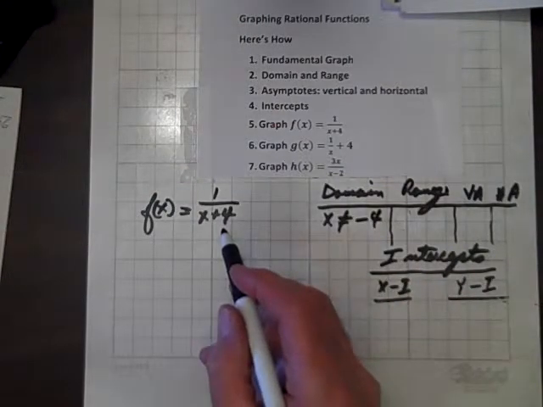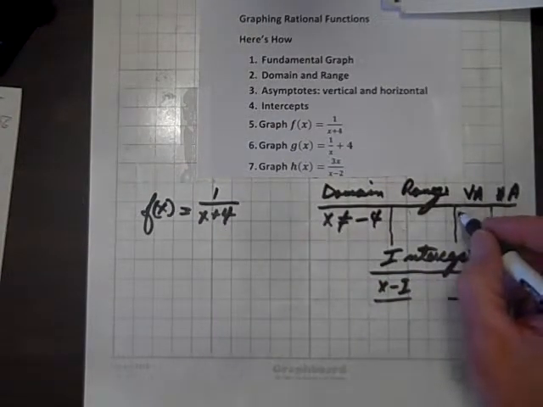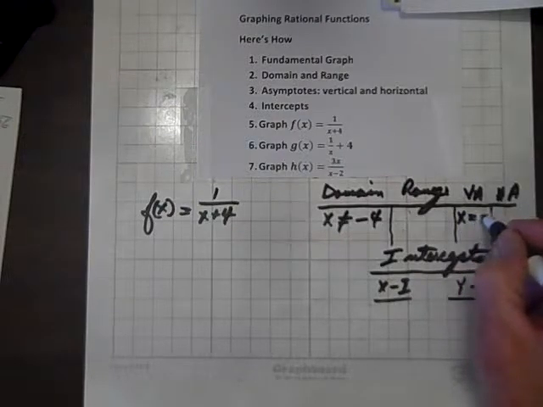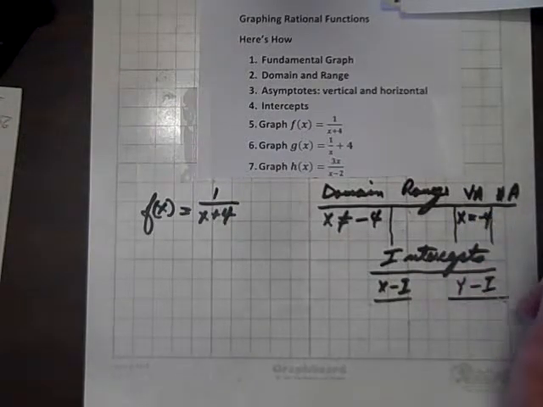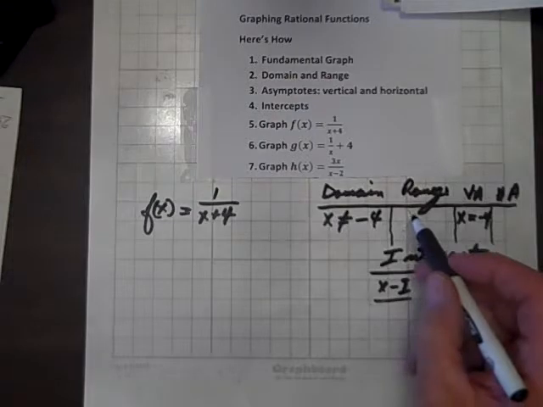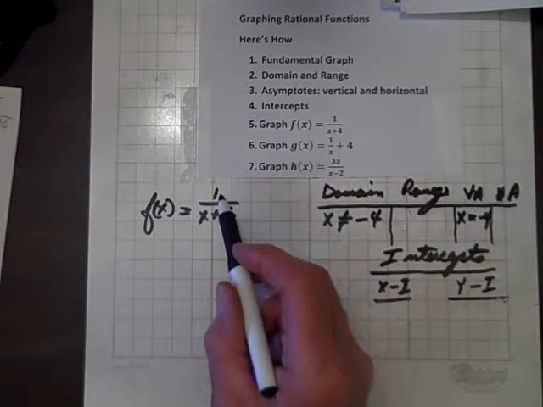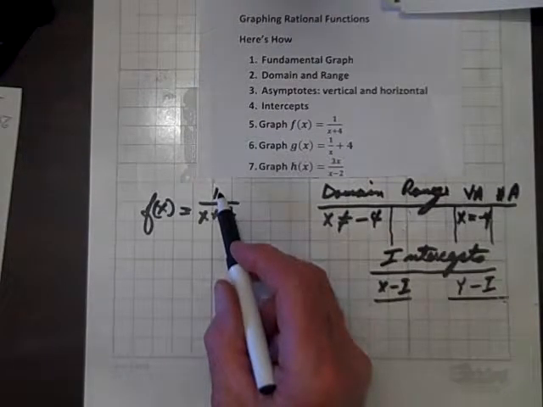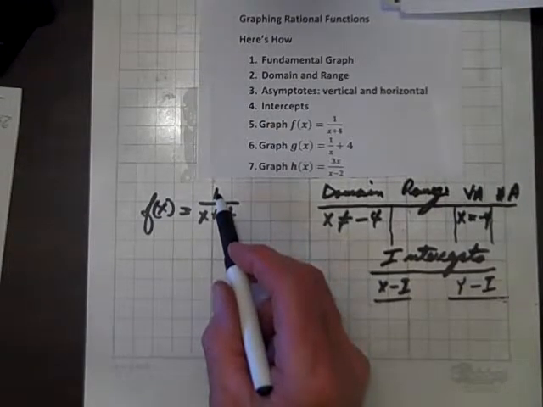So then what's the vertical asymptote? That's going to be x equals negative 4. How about the range? Well, f of x can never be 0, and so the range is all reals but 0.